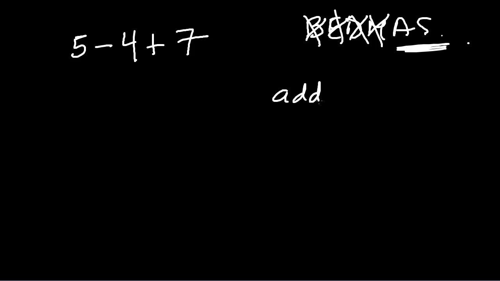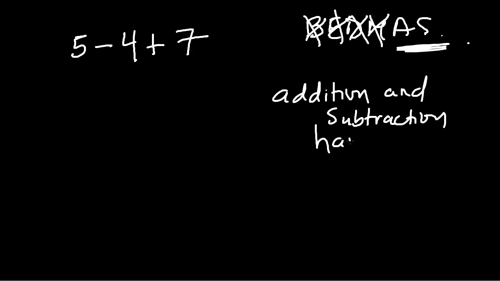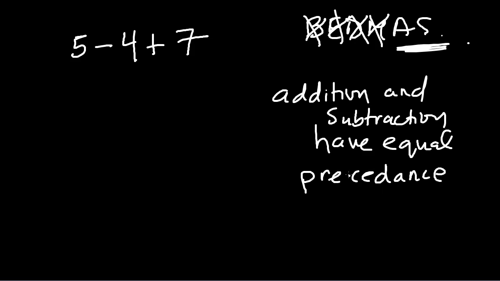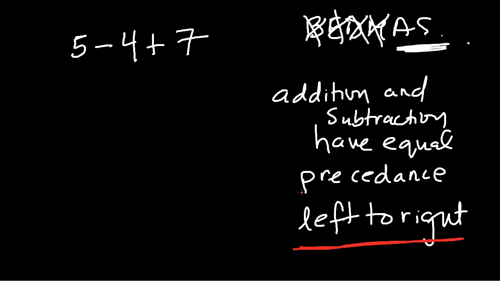Okay, however, we have to perform them from left to right. This is the key. So even though one is not preferred over the other, we have to perform it from left to right. So that means we have to perform 5 minus 4 first, and then add the 7.